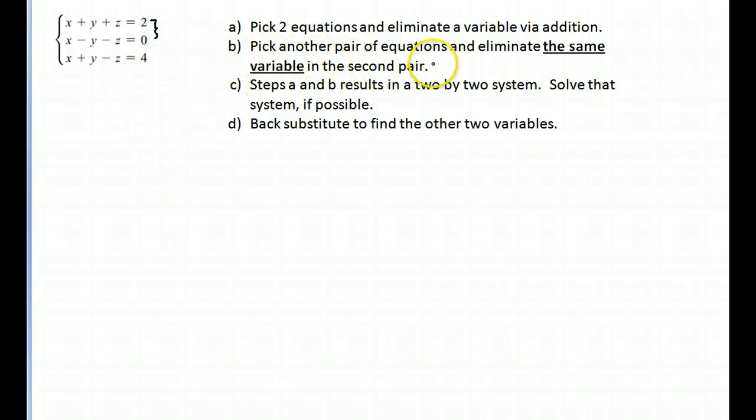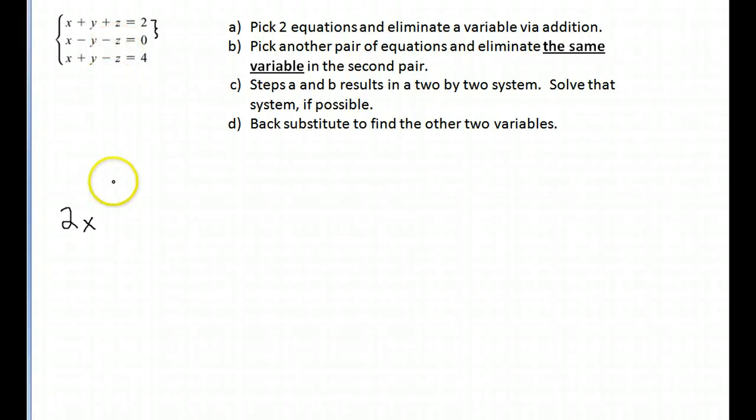Via addition means add them together if you have opposite signs. So when I add them together, I get x plus x is 2x, and then positive y minus y cancels. Positive z minus z cancels.